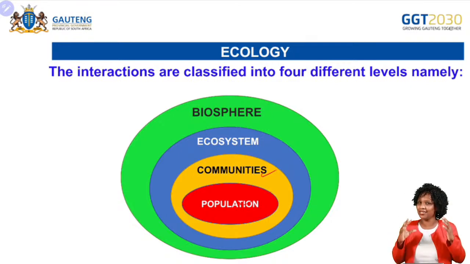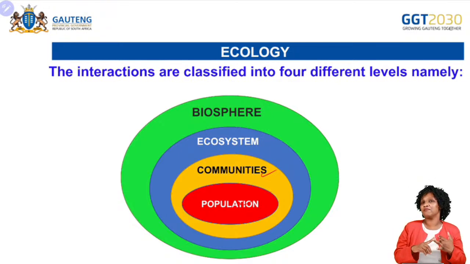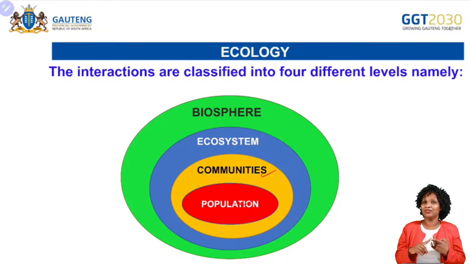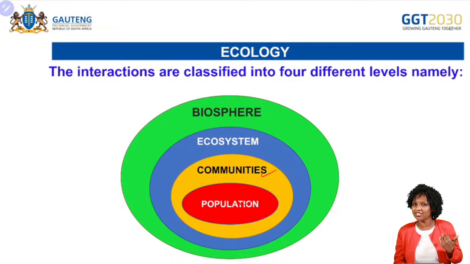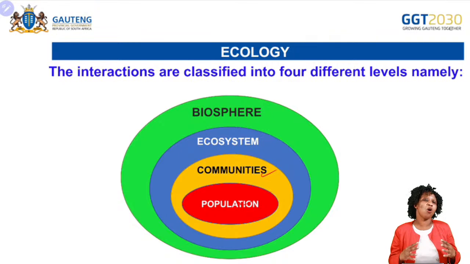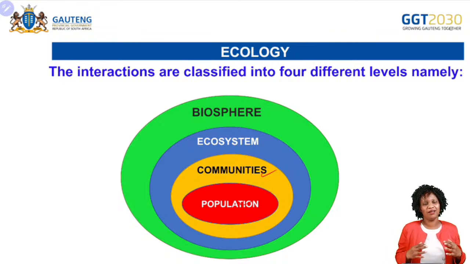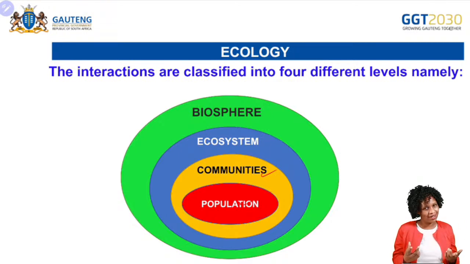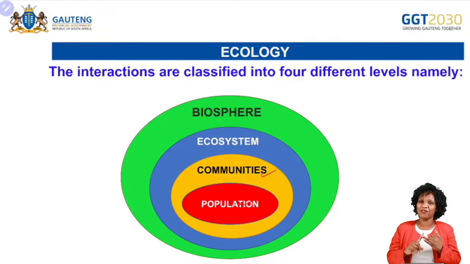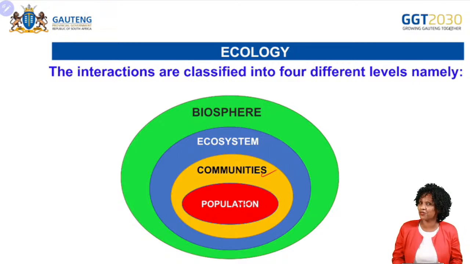Therefore, you will find communities there. For example, if you've got an elephant, you've got a zebra, you've got a jackal, you've got a lion, you've got a leopard. All these animals are different. Therefore, we call them communities. Some are herbivores, some are omnivores, and some are carnivores.